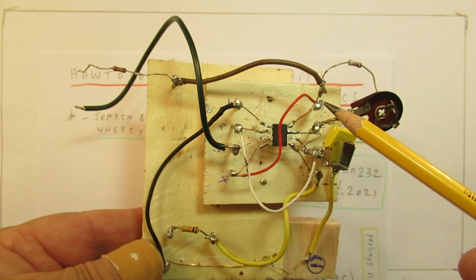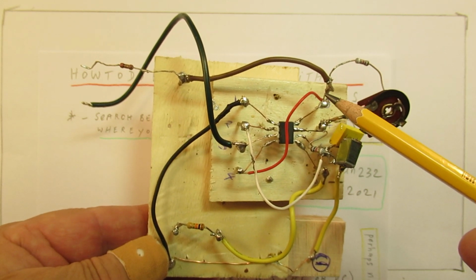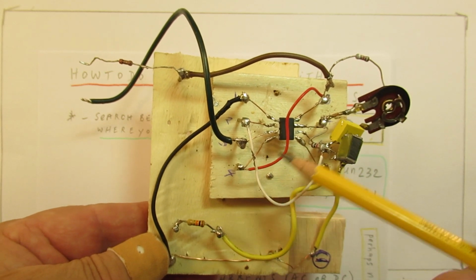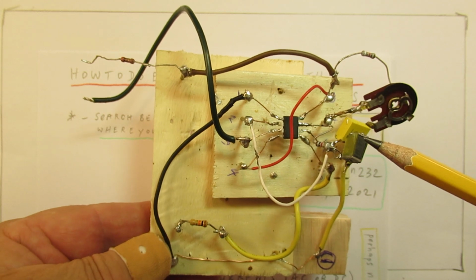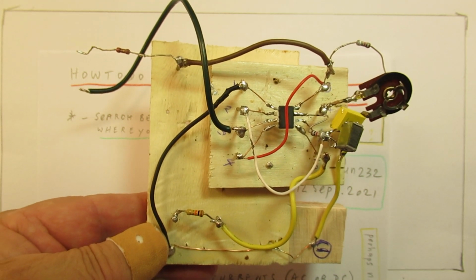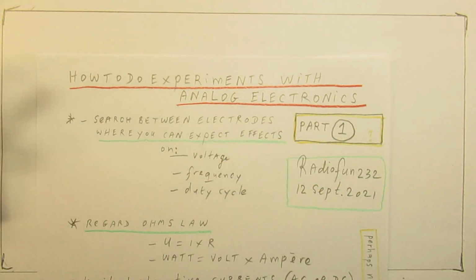You don't have to expect any effect when you, for instance, solder a capacitor or a resistor over that wire anyway. Everything to do with Ohm's Law, with the fundamentals of electronics, etc.